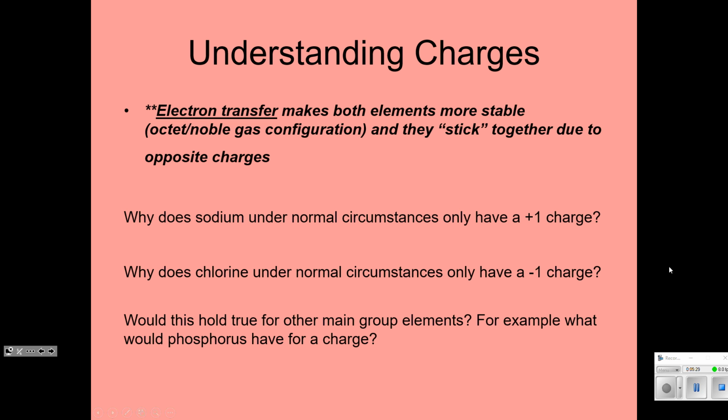If the goal is the octet makes you stable, how does phosphorus get to the octet? Does it gain or lose? What's easiest? What's less steps? Gaining. And how many would it gain? 3. So phosphorus, for example, would have a -3 charge. That would hold true for nitrogen, which is right above it on the periodic table as well.